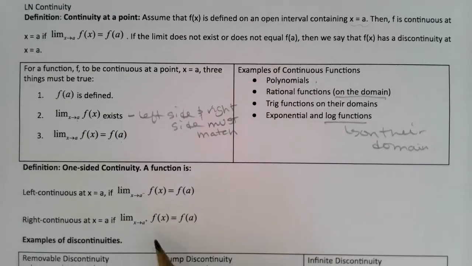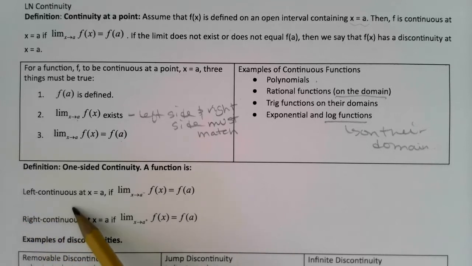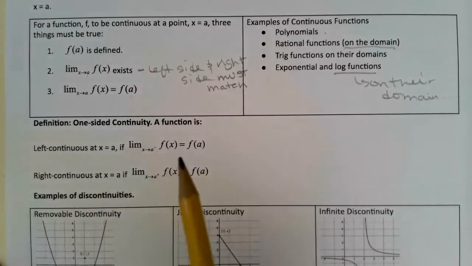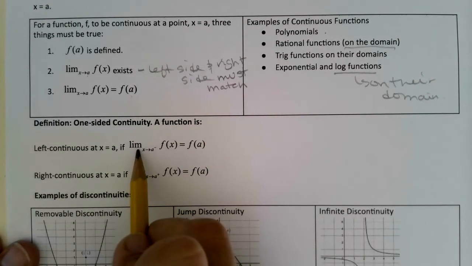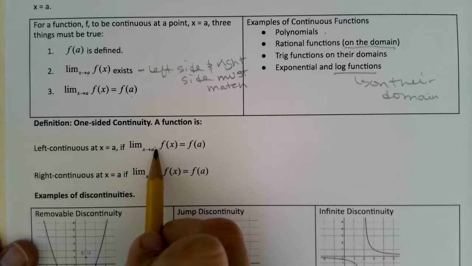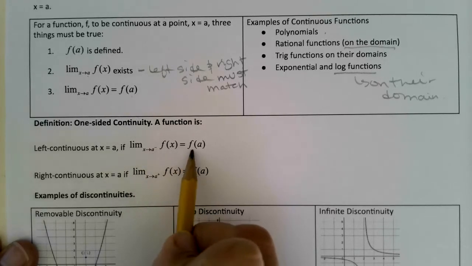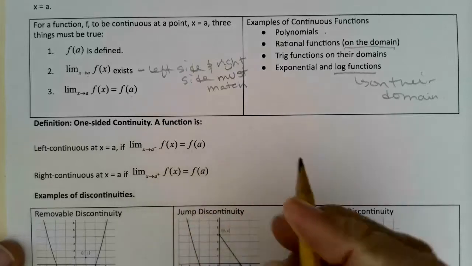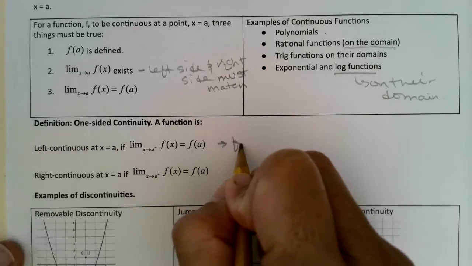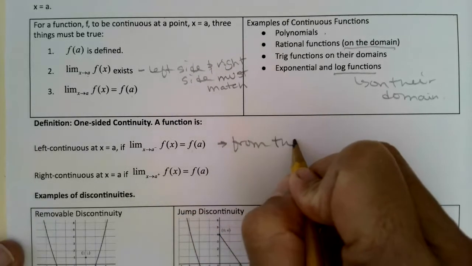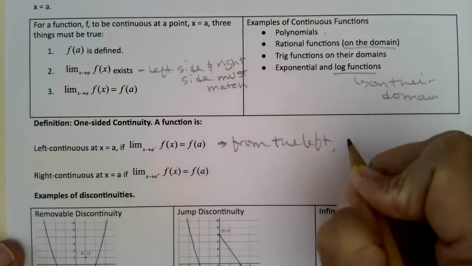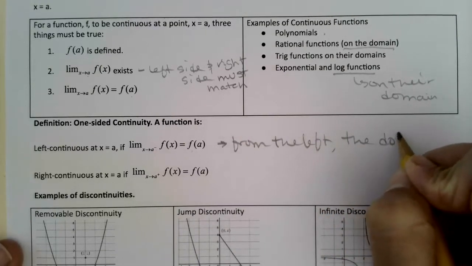Now we can have left and right-sided continuity, so we can be left continuous. What that's going to look like is that the limit as x goes to a from the left is where your function gets evaluated. So this just means, from the left, the dot is filled in.